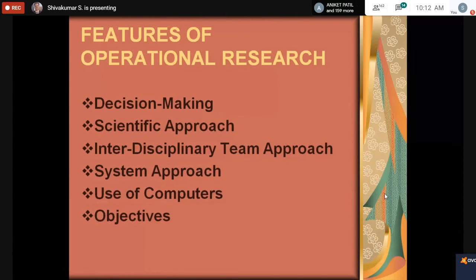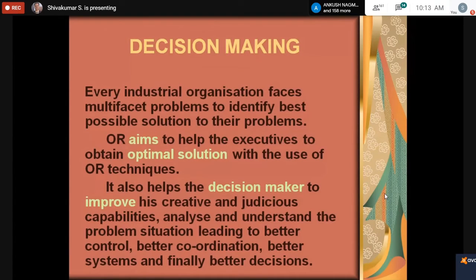OR uses computers, and OR works on some objectives, I told minimization and maximization. These are the features of OR: decision-making, scientific approach, interdisciplinary team approach, system approach, use of computers, and a set of objectives. So we'll go into a little more detail about these features.